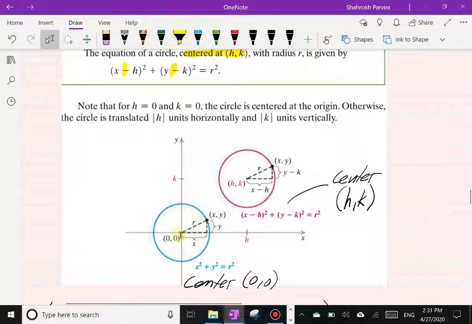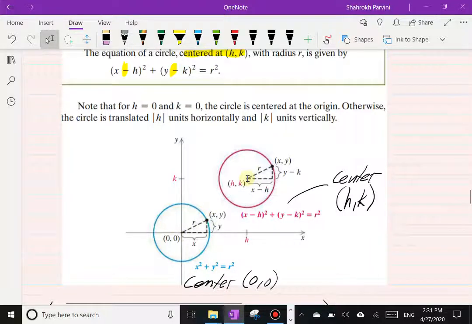So h and k are 0 respectively in this one. r is the radius. So this would be, again, a circle centered at 0, 0. And this other one is actually a circle that's allowed to be off center. I mean, off the origin. It doesn't have to be centered at the origin.